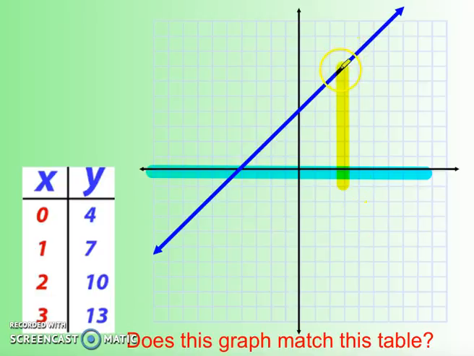Well, it crosses this blue line at 1, 2, 3, 4, 5, 6, 7. It crosses at 7. So that means I should have an ordered pair somewhere of 3, 7. Yeah, but look at this table though. Does it say 3, 7?